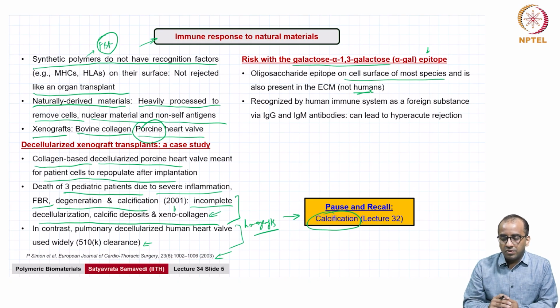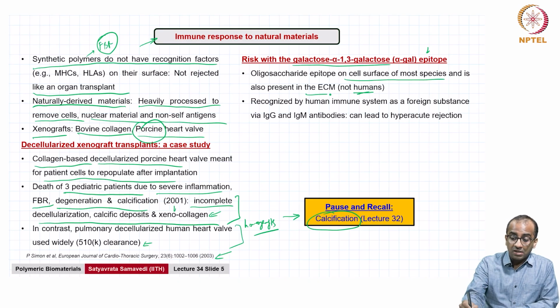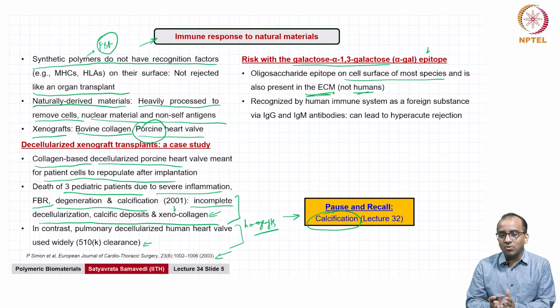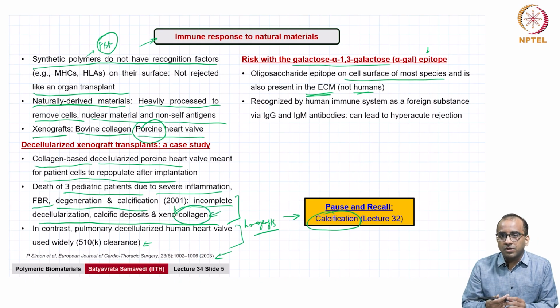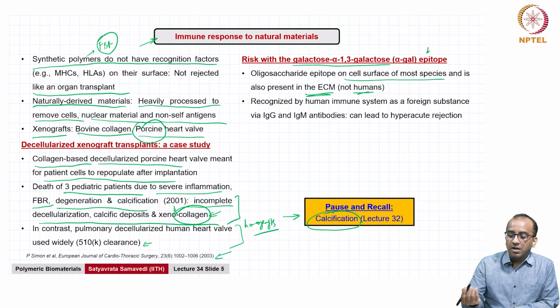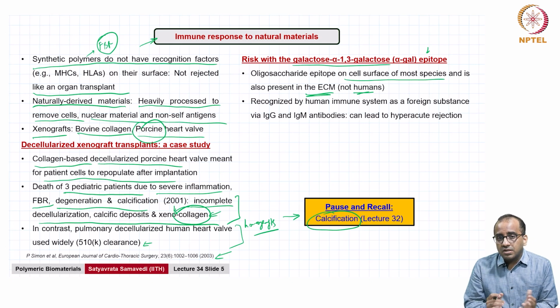It's typically found on the surface of the endothelium in most other species including pigs, and is also present in the ECM. So, you have to make the connection now to the collagen that was used here, which is one of the primary proteins found in the extracellular matrix, and any treatment processes that claim to get rid of all the antigenic material and cellular material, it's very difficult to get rid of all the alpha-gal, particularly when it is embedded in the ECM, right.